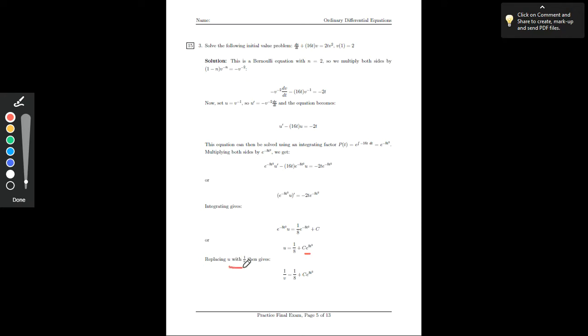We replace u with 1 over v. We get 1 over v equals 1 over 8 plus c e to the 8t squared. This is the general solution of this equation. But we're given an initial condition, so we can use that initial condition to solve for this constant c.